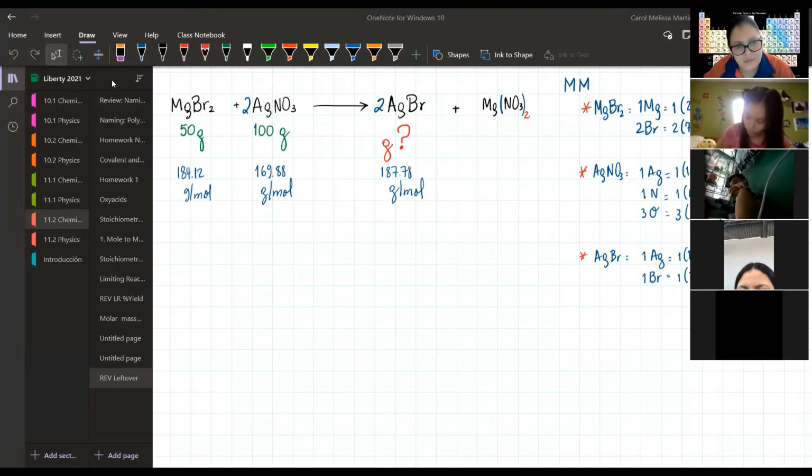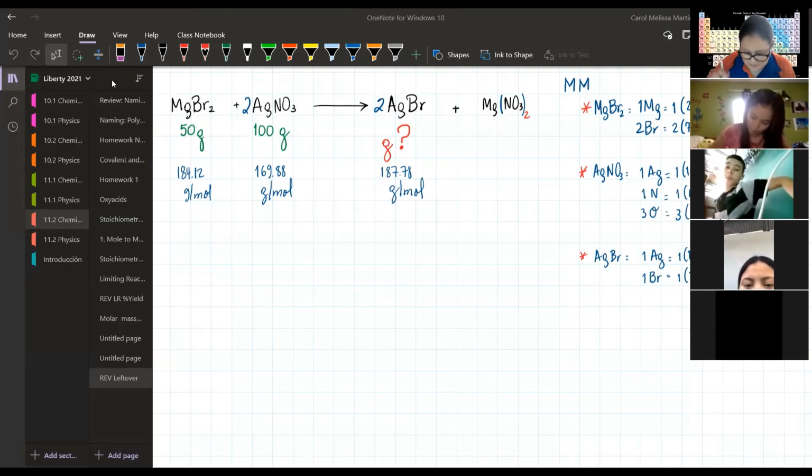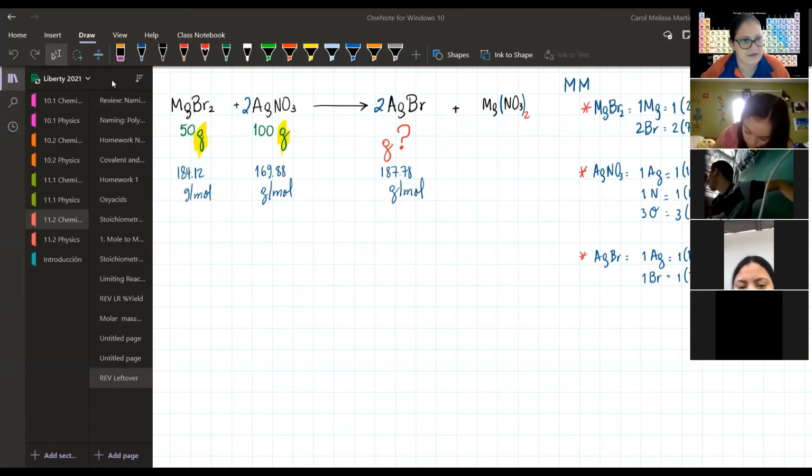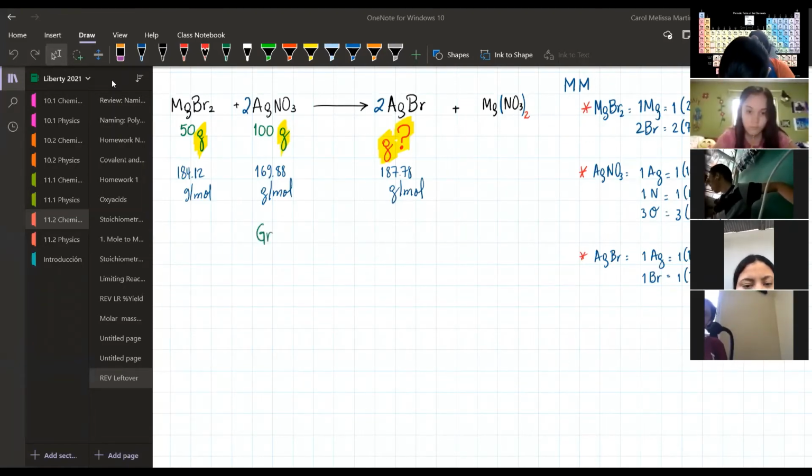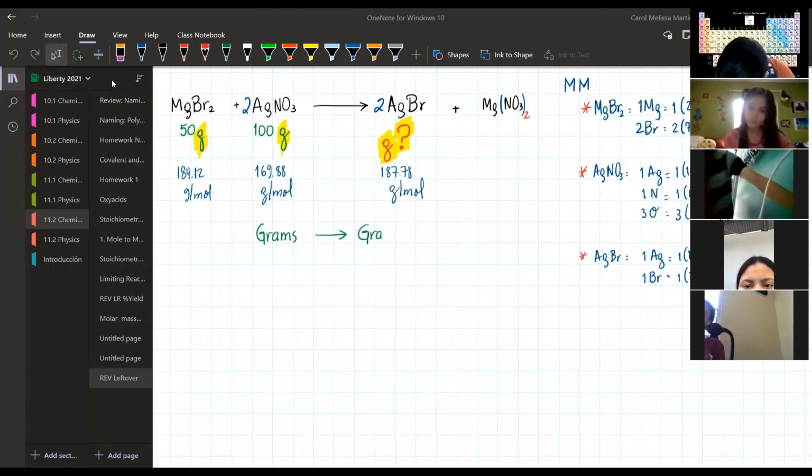Now, what comes after? I need to analyze what is given and what is requested. The problem is giving me masses. Okay, I have grams in my two reactants, and it's asking me about grams in the product, which means that I have to make a conversion from grams given to grams unknown.